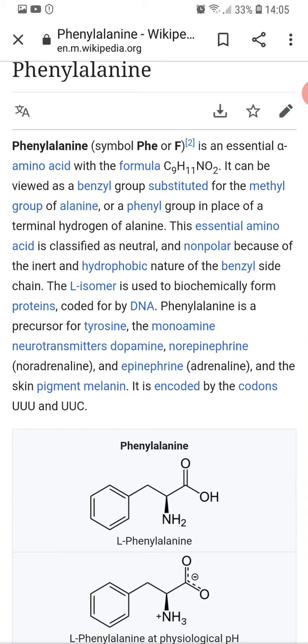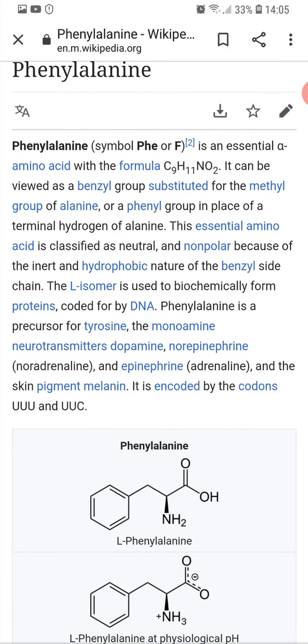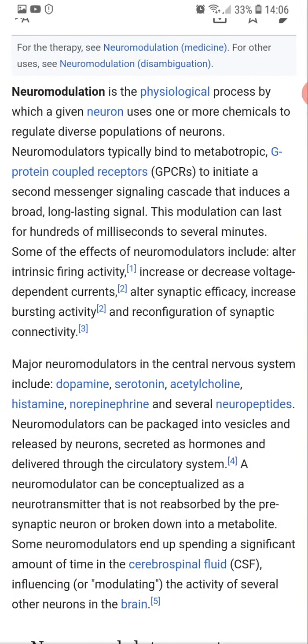The middle line. Oh, look. It's a precursor for tyrosine, the monoamine neurotransmitter dopamine, and the skin pigment melanin. It's to do with the sun, is it?